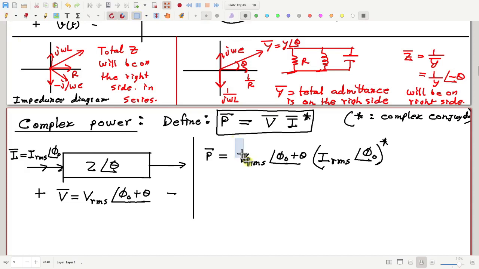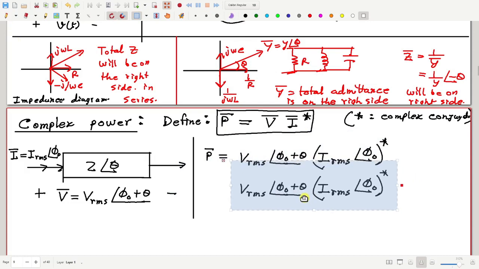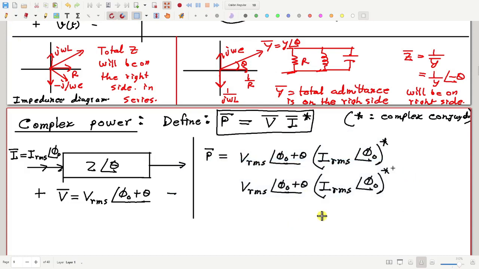When we take the complex conjugate of a number, what do we get? The angle becomes negative. Then it becomes VRMS, IRMS, and the angle will be theta. Phi naught and minus phi naught will cancel.